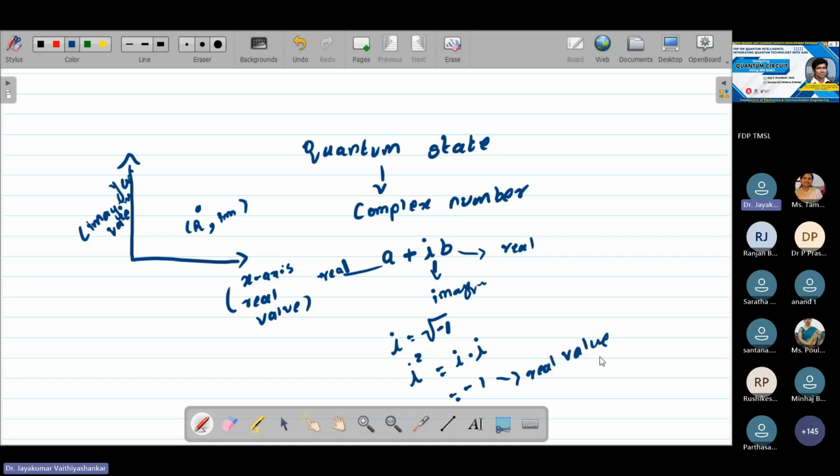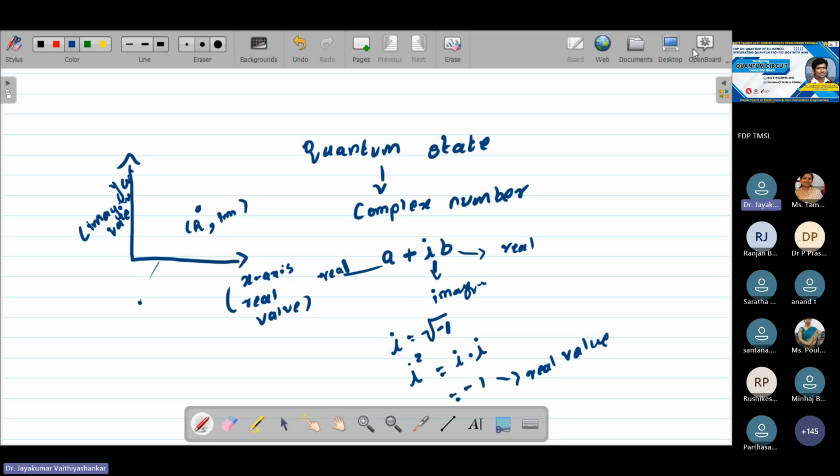In mathematics, we only consider real values when solving equations, so if you get any imaginary value, you discard it. If two imaginary values are multiplying with each other, it will cancel out.